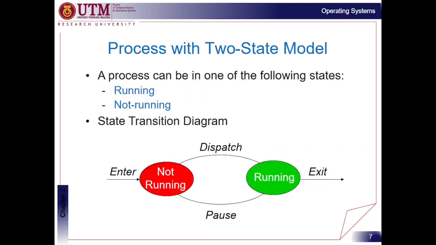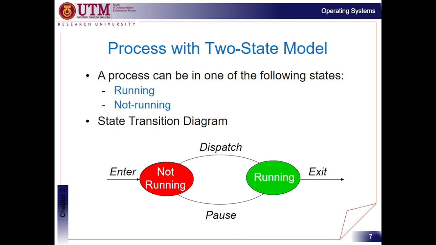This slide shows a process with a two-state model. A process can be in one of the following stages, which are running and not running. Running means that the process is currently using the CPU and executing its instruction.